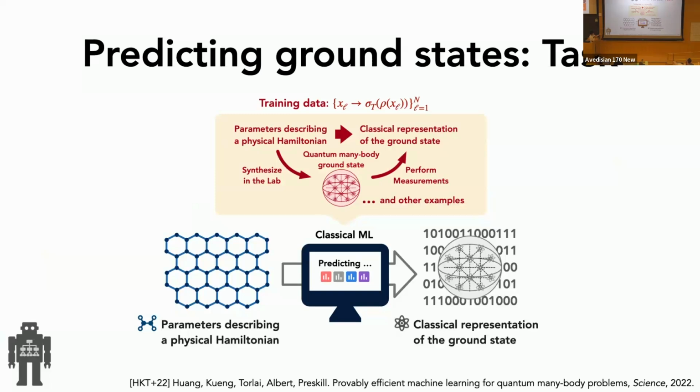We try to synthesize or prepare the ground state in the lab, and now we perform these randomized measurements that we talked about to create, say, the classical shadow representation of the ground state. So we go through what we just talked about, but in a more advanced fashion. What we talked about is a single unknown state, and we try to learn a representation for it. But we can do that for multiple different states corresponding to multiple different Hamiltonians to create an entire training set that can be used to train some classical ML algorithm. So that's the setting that we consider here.